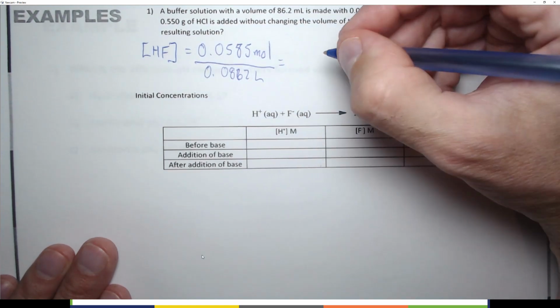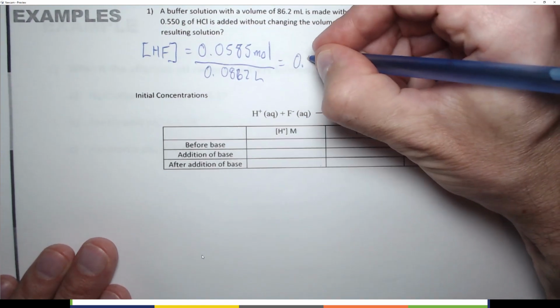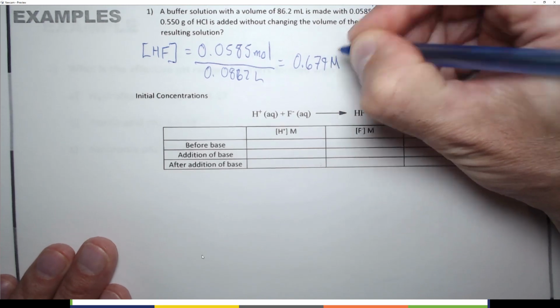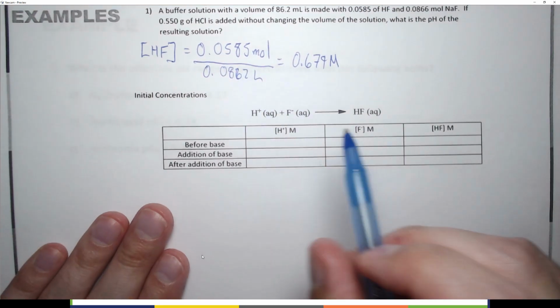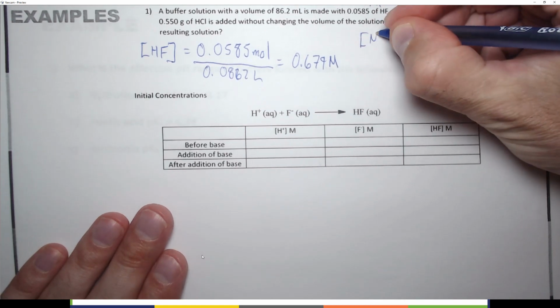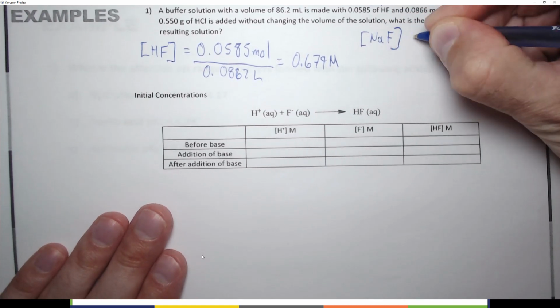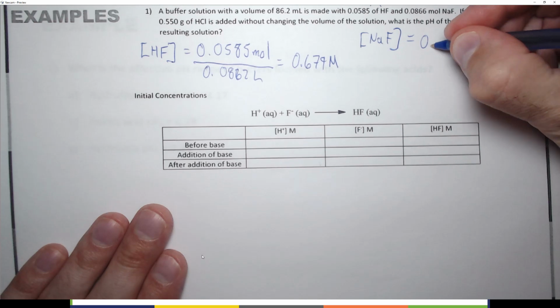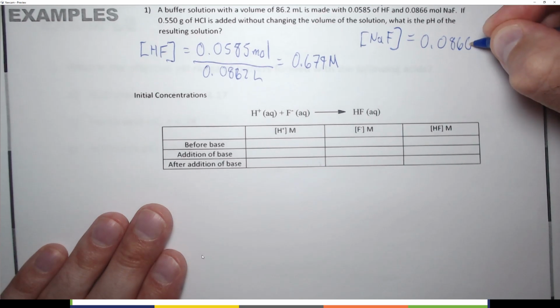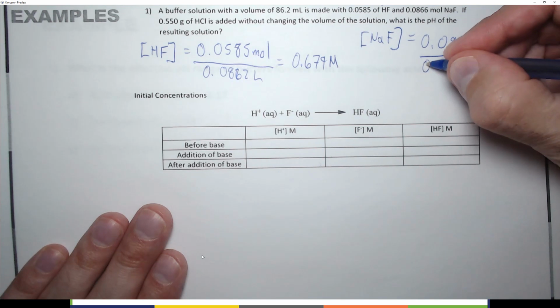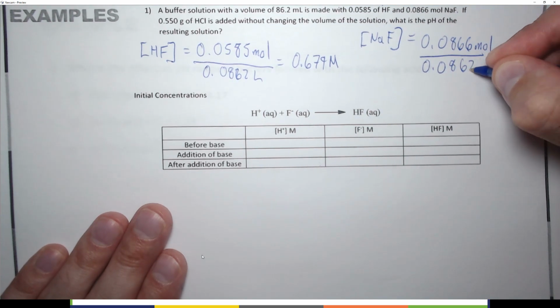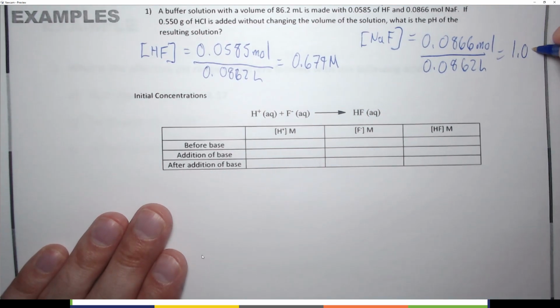And when I do that, I get 0.679 molar. I now want to repeat that for NaF. So for the concentration of NaF, I want to take the 0.0866 moles and divide by the 0.0862 liters, and I get 1.00 molar.